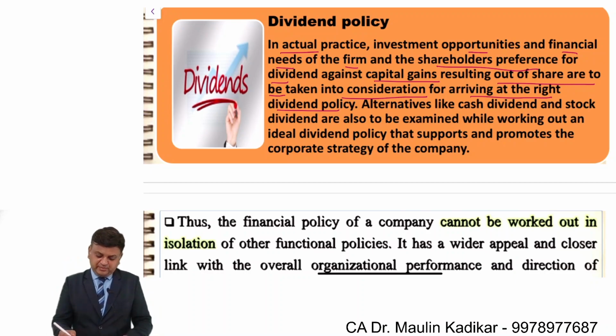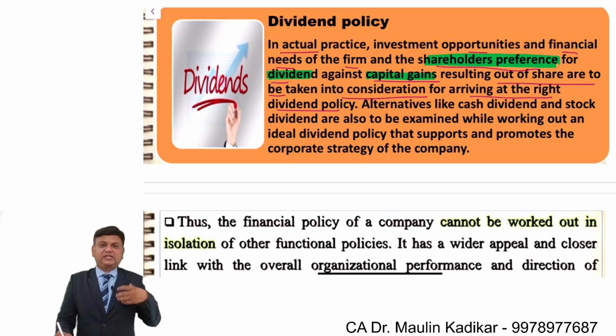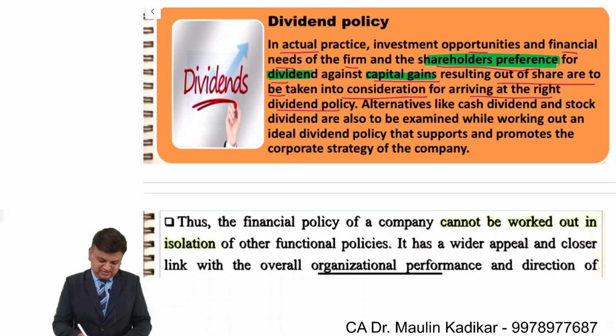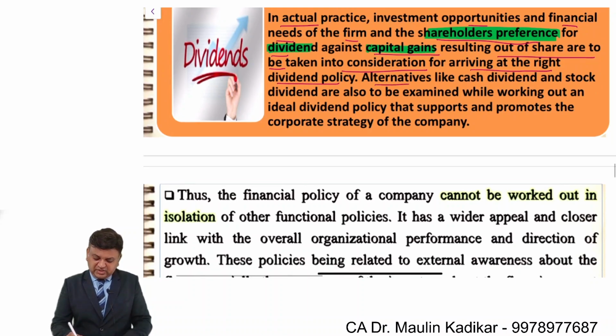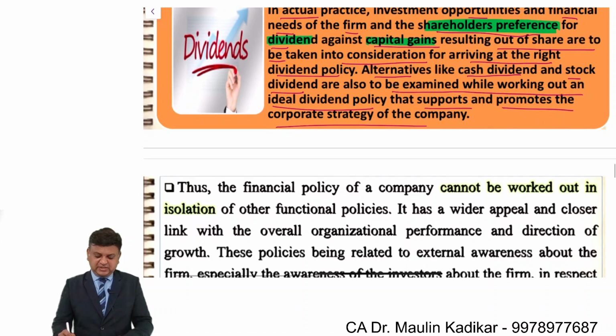So this is what they have mentioned over here. Shareholders' preference makes a difference over here for dividend against the capital gain. Why? Because that gives me a psychological satisfaction that I am receiving something in form of return. Alternatives like cash dividend and stock dividend, where stock dividend means bonus shares, are also examined while working out the dividend policy that supports and promotes the corporate strategy of the company.